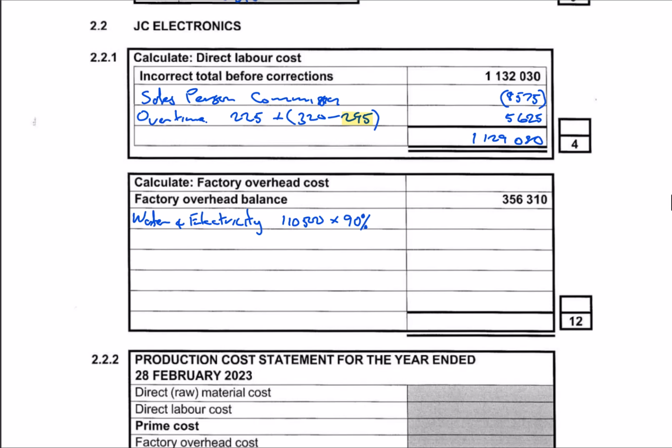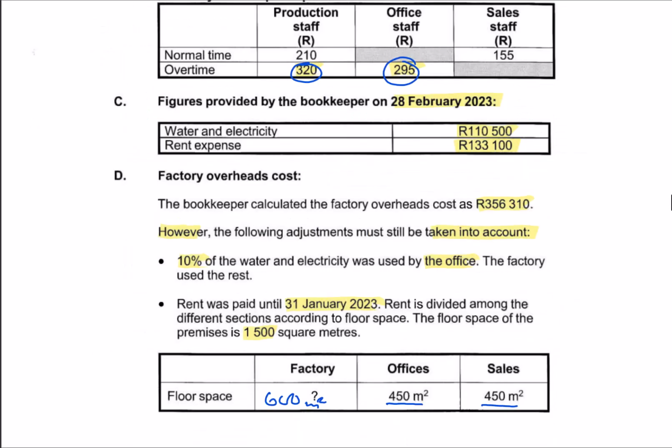The reason I say times 90% is that they are telling you that 10% was used by the office. So it's 90% of the 110,500 to calculate that.